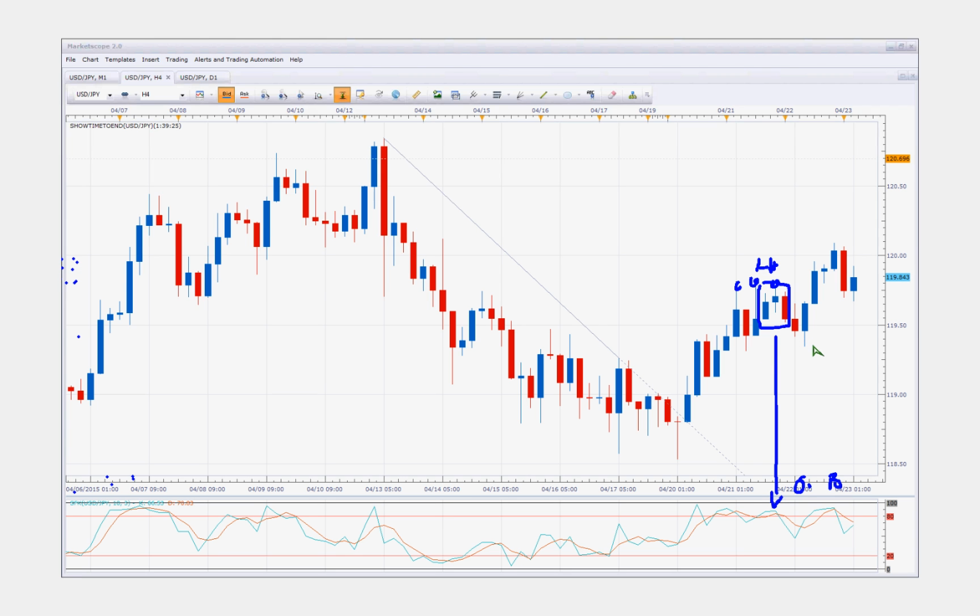The question is, how far can we put this in terms of correction or retracement?